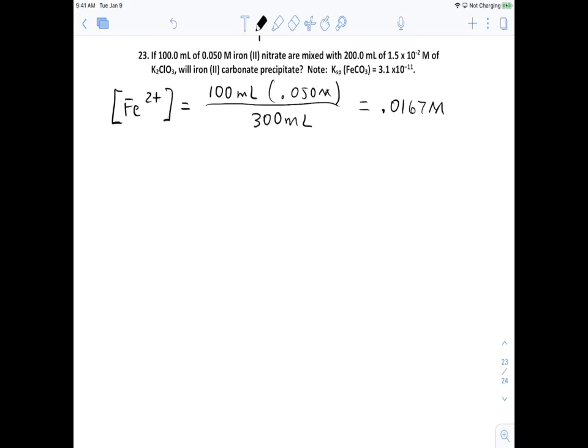And then the carbonate starts off at 1.5 times 10 to the minus 2, and it gets diluted from 200 to 300.